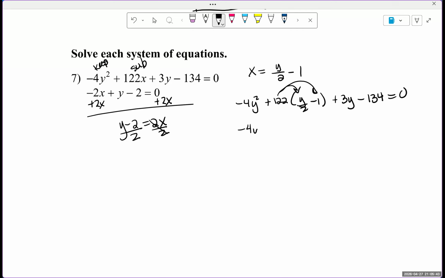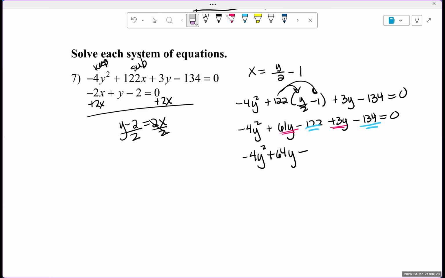Distribute. -4y squared plus 61y minus 122 plus 3y minus 134 equals 0. Okay, combine like terms. -4y squared plus 64y minus 256 is equal to 0.